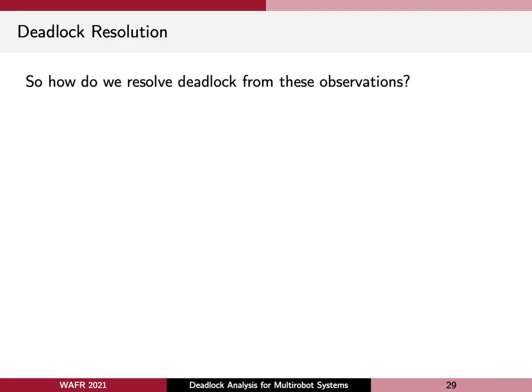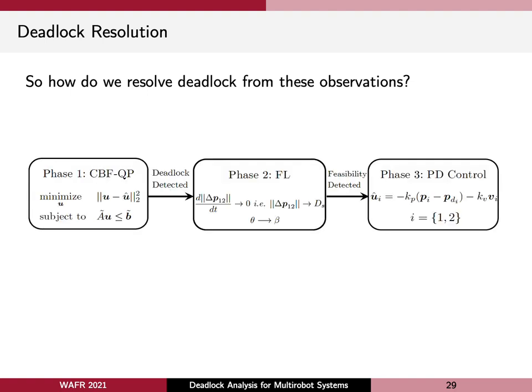So what is the resolution algorithm? Well, here's the strategy. First, we let the robots use their original CBF QP-based controllers to go to their goals, as they normally would, and wait until they fall in deadlock. Once we detect the incidence of deadlock, we use feedback linearization-based controllers to rotate these robots around one another so that the vector connecting the robots aligns with the vector connecting their respective goals.